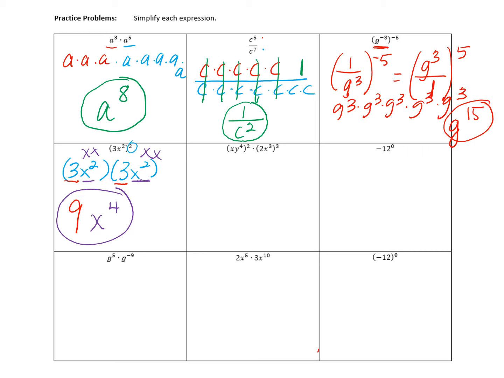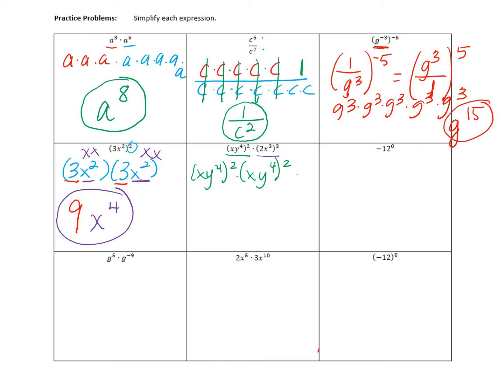All right, for our next example, it has xy to the 4th, squared, and 2x cubed, cubed. So remember that xy to the 4th squared, I would have to write that one down 2 times. And then the second one, I would have to write that one down 3 times. Now again, all these are being multiplied.